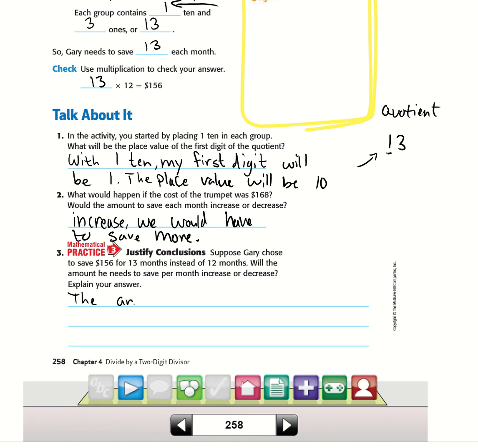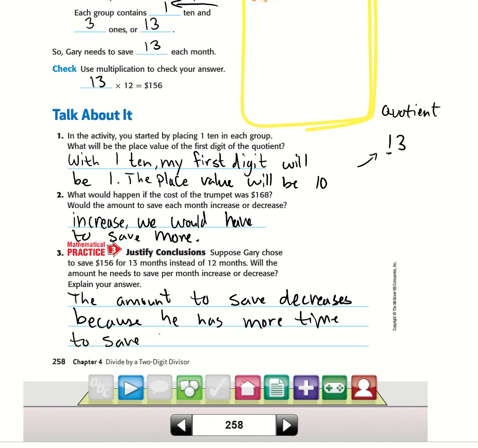The amount to save decreases because he has more time to save the same amount of money.